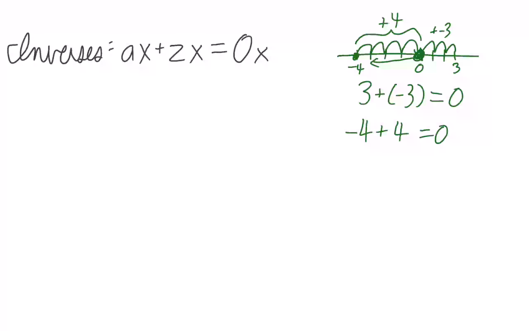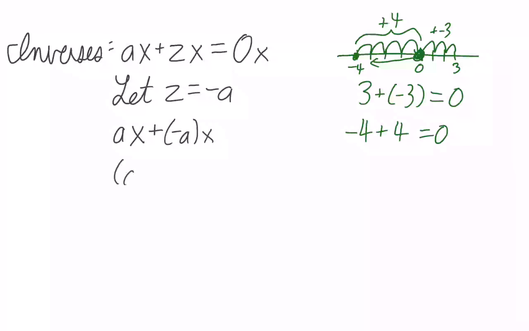I'm going to say, okay, let's say the first thing we try is to let Z be negative A. Let's try that and see what happens. So we have AX plus negative AX. Okay, well, the way we would add those together is to say now we have A plus negative A, X. But we know that that's 0, so that's 0x, just like we wanted it to be.